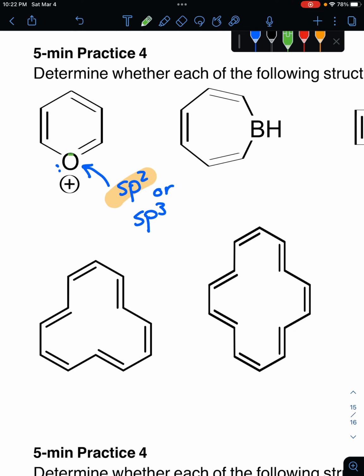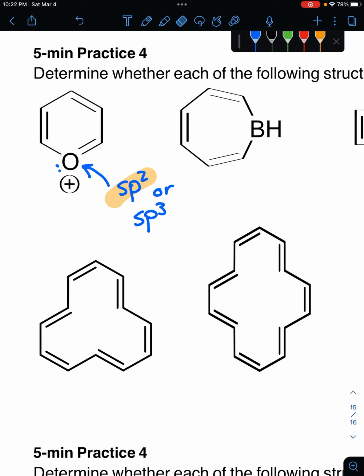That means that there is indeed a p orbital on each of these 6 atoms that are conjugated. So it passes the first Huckel's rule or test, that it's an all-the-way conjugated ring. Everything has at least 1 p orbital on it. And the last criterion for Huckel's rule, as you recall, was the number of pi electrons.